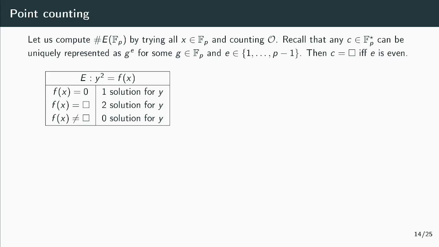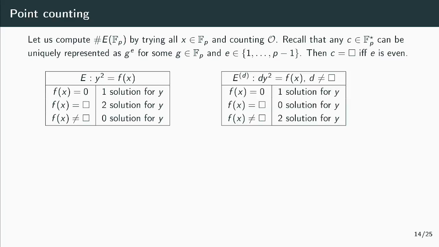If f evaluates to 0, then y squared must be 0, so y must be 0 as well. So we have a single solution. If f evaluates to a square in Fp, then there are exactly two solutions for y, which differ by a sign. And finally, if f evaluates to a non-square, then the equation has no solutions for y and we get no points.